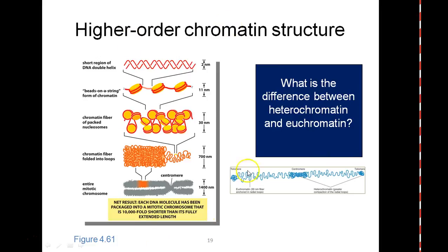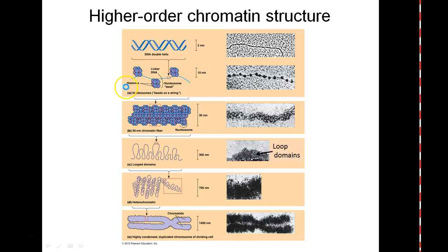So on this figure, what level of chromatin organization would you classify as euchromatin? For example, beads on the string. Would you say it's euchromatin or heterochromatin? Yes, it's euchromatin.